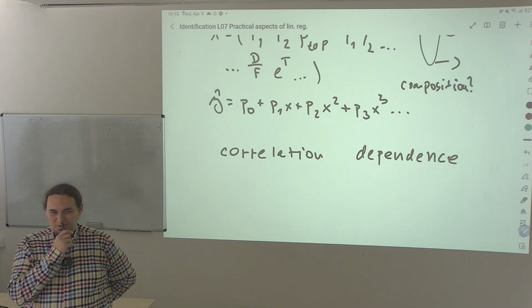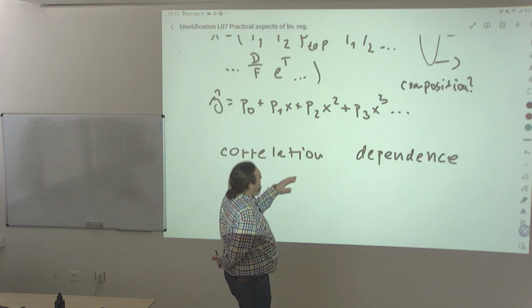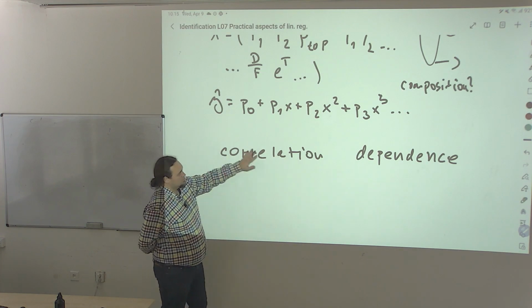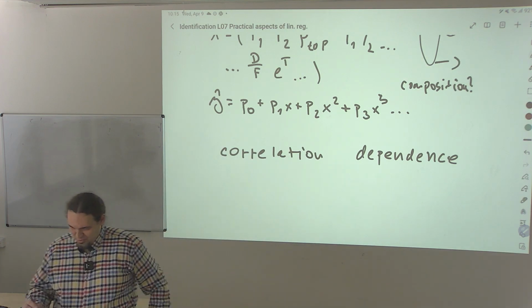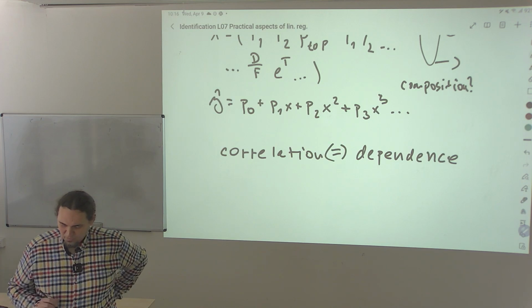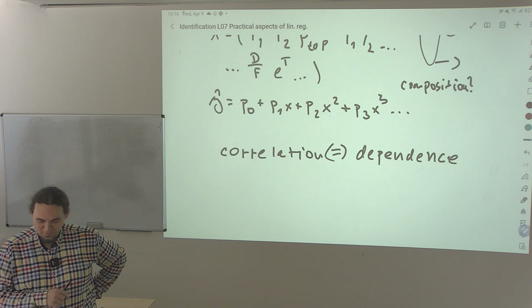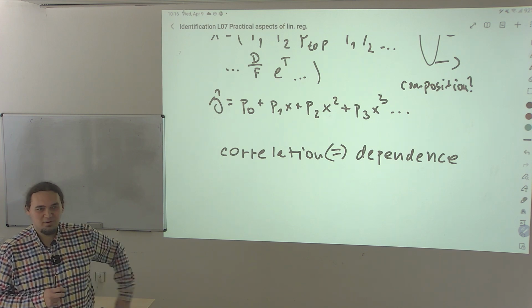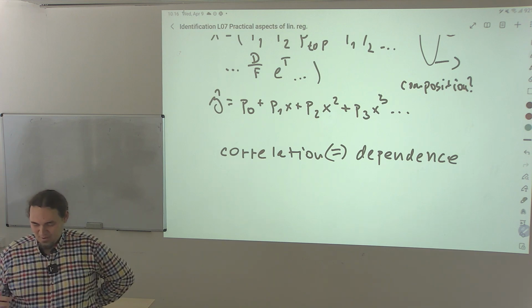Now comes the question, what does it mean if something is dependent, should be correlated, and if something is correlated, should be dependent? Yes or no? In other words, should we just write like this double-side implication? So if and only if something is correlated, then it is also dependent, and if it's dependent, then it's correlated, or not.